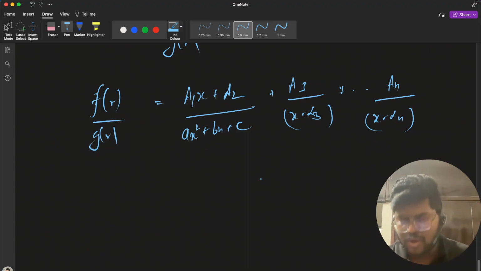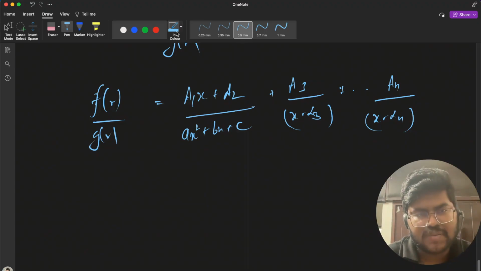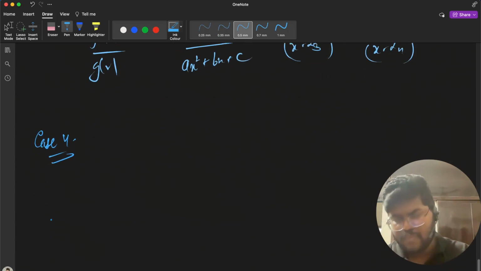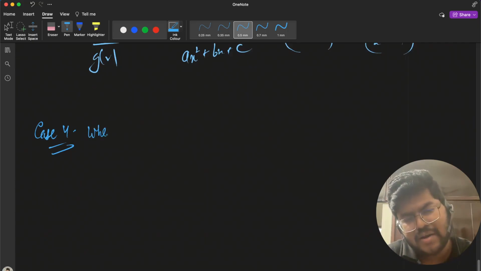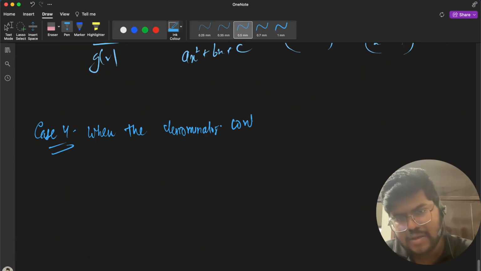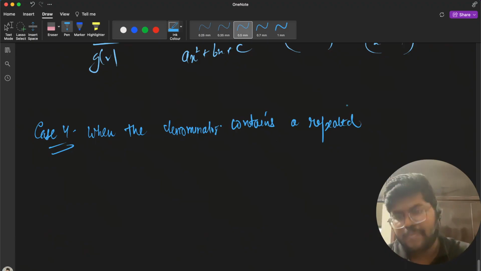Okay, so now we'll be solving the questions mixed, but before that let us discuss case number 4. Case number 4 tells us that when the denominator contains a repeated quadratic factor, whereas in the previous case it was a non-repeated quadratic factor.